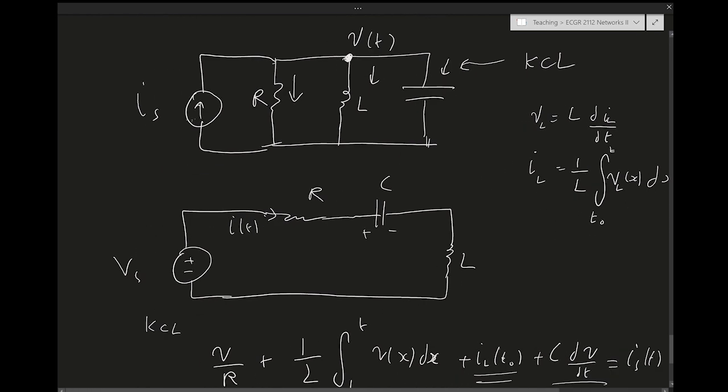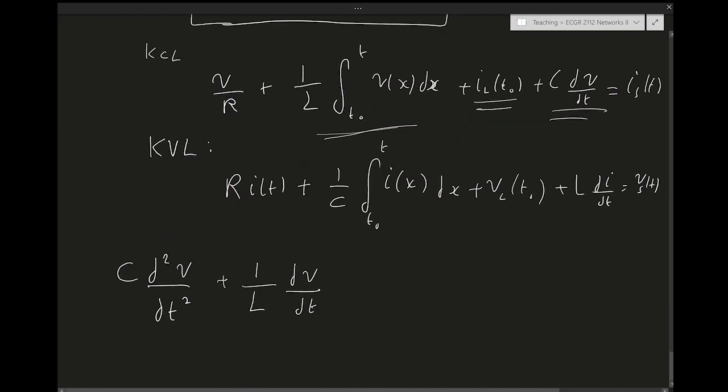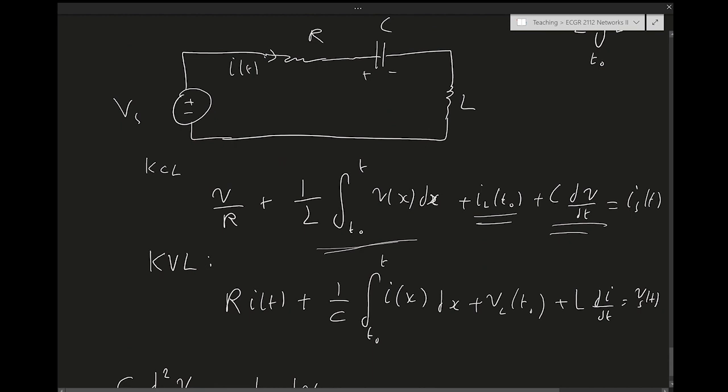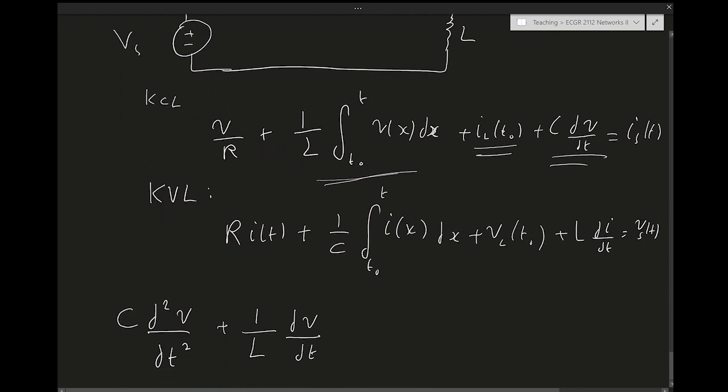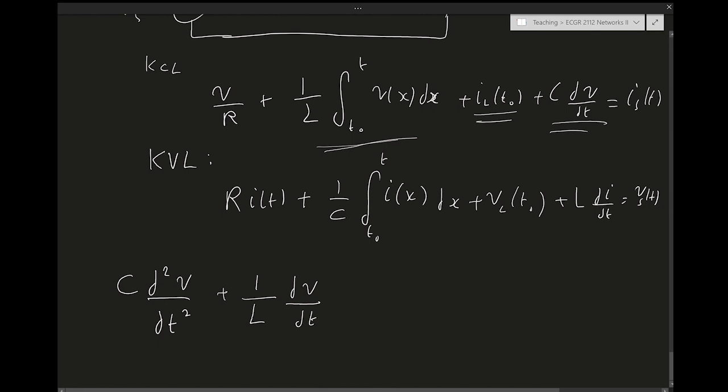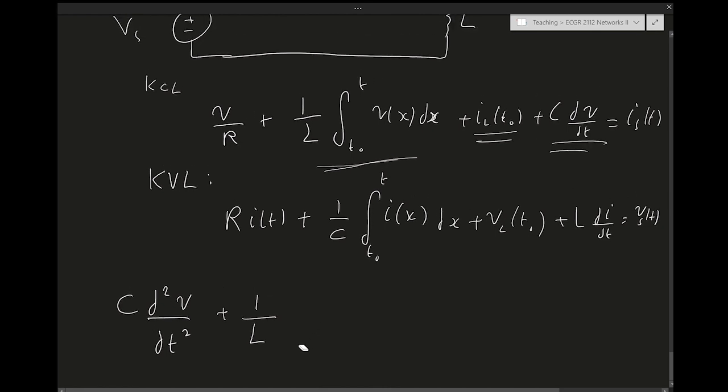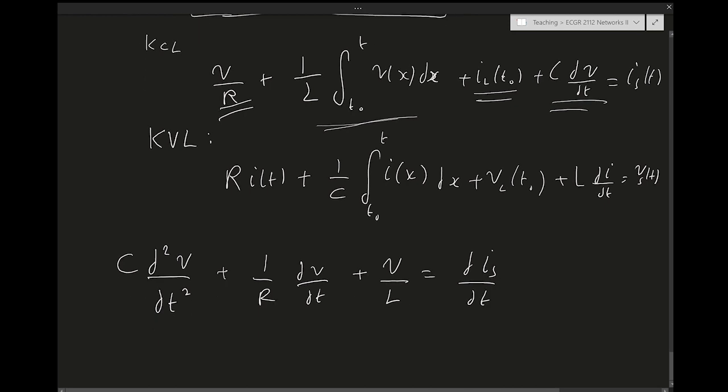Oh, I know what the mistake is. There's no dV/dt. I'm differentiating an integral, so I get the inverse of that, which is the variable inside the integral. So I just get V over L. Okay, that was my mistake. And then this I'm differentiating, I get 1 over R dV/dt. This equals dI_s/dt. This is the first equation.